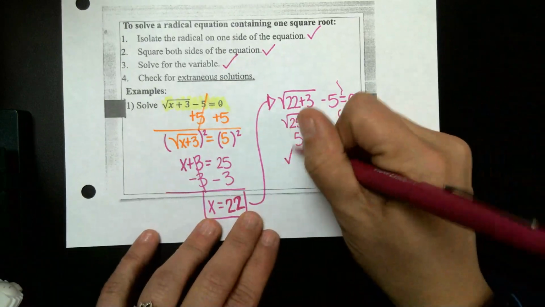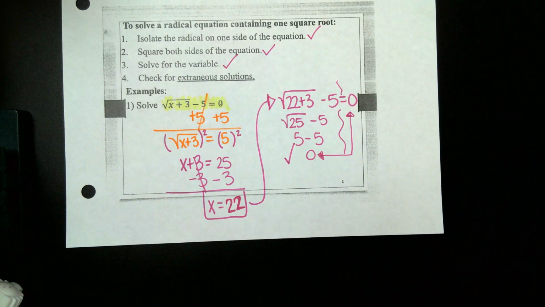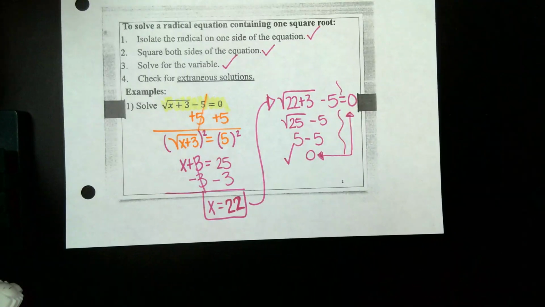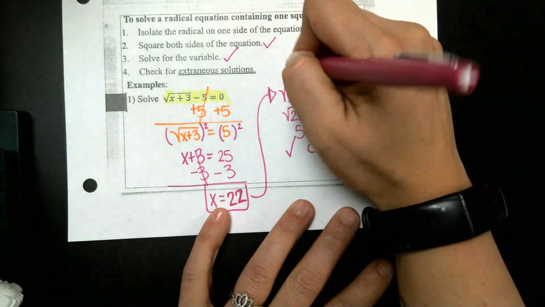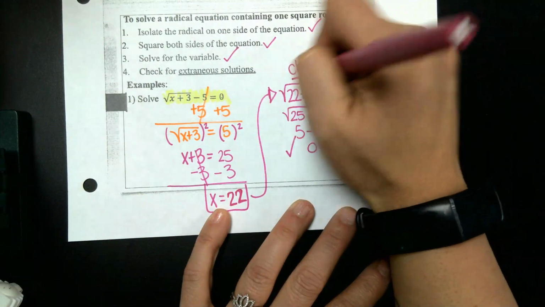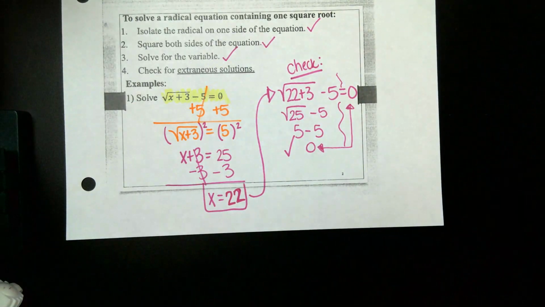Since when we plugged it in, we got the same answer, it is true, which means our answer was correct. So this is like the check step. A lot of times you don't have to show that, but it is going to be extremely important on these problems that once you get your answer, you plug it back in and make sure it is a correct answer, because they won't always be.